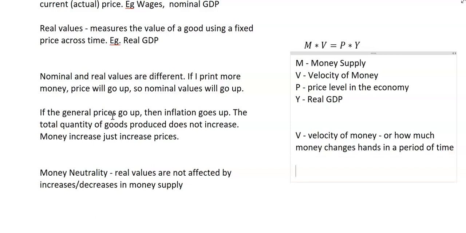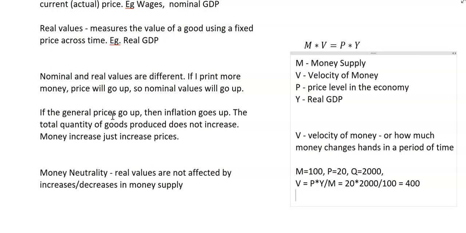So if I say that M equals 100, P equals 20, and Y equals 2000, then V will equal, if I divide both sides by M, P times Y divided by M, which is 20 times 2000 divided by 100, which equals 400. So in this example, money changes hands 400 times in a year.